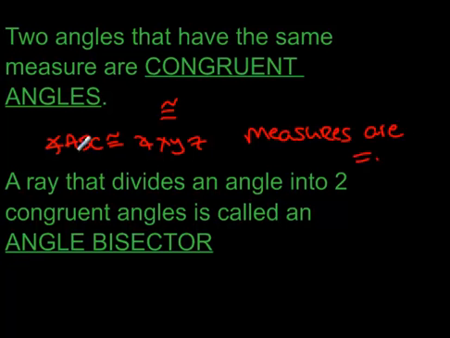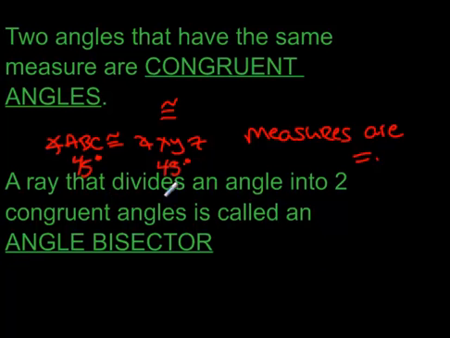That means if angle ABC is 45 degrees, then angle XYZ is 45 degrees. Because when we're measuring angles, we do measure in degrees. There's a total of 360 degrees in a complete rotation. And we always put our degree markings there. So congruent angles have the same measure.